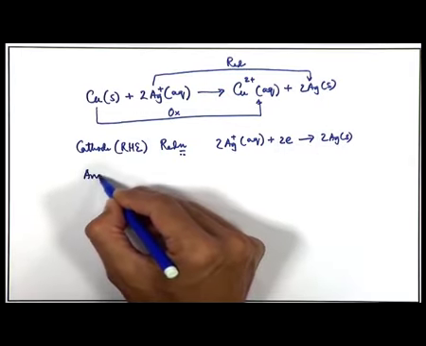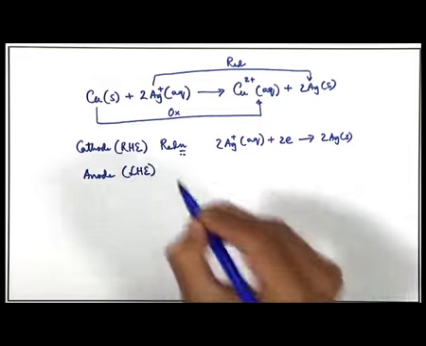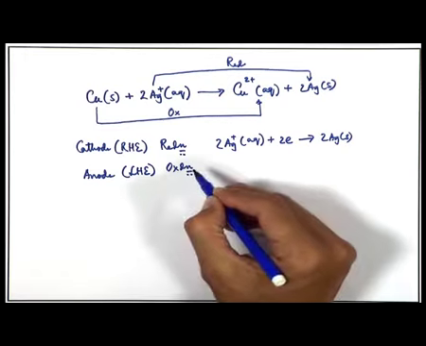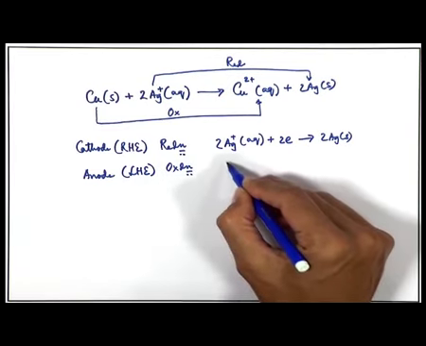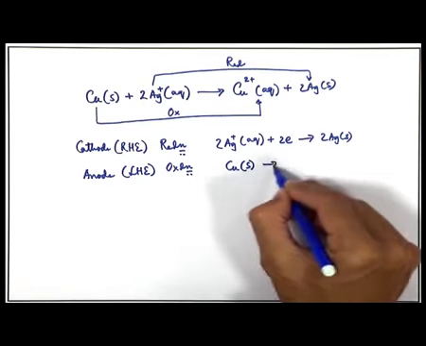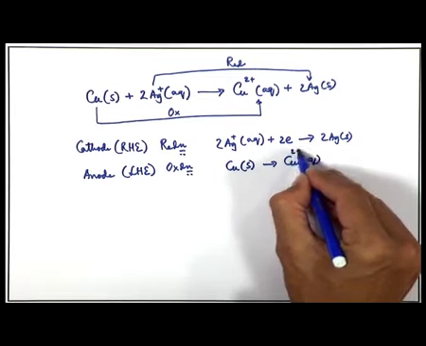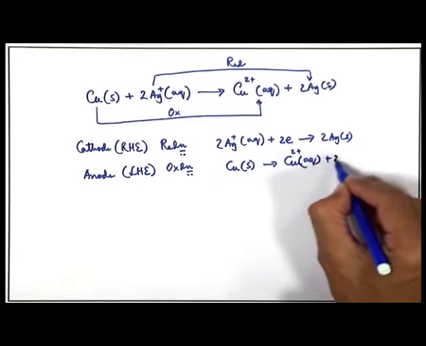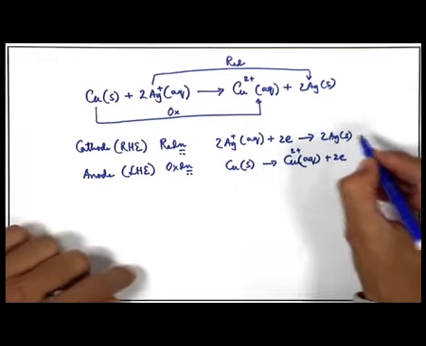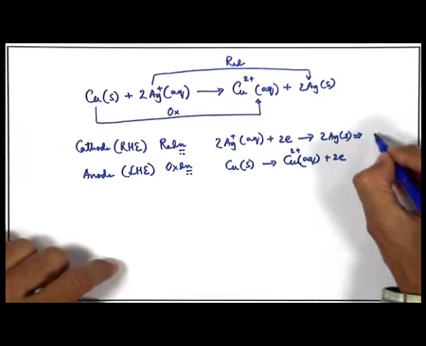At the anode, which is the left hand electrode, it is oxidation and the reaction will be Cu solid, that gives you Cu2 plus plus 2 electrons.